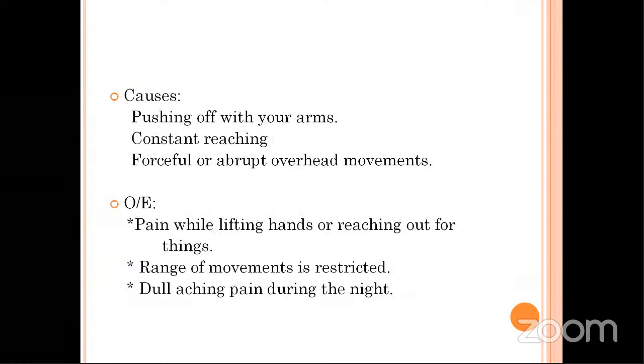The most common cause of rotator cuff injuries is pushing off with your arms, as in elderly people with arthritis, who will have difficulty in getting up from a chair. So they always push off with their arms when they are getting up from the chair.